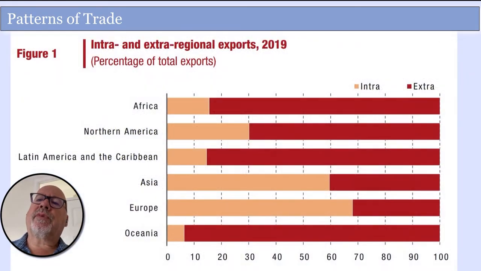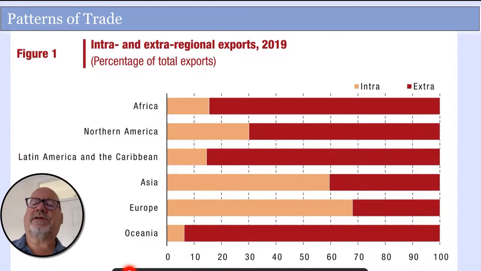So this is a really good chart to start to consider, and we'll look at this in a bit more detail later, where we have what we call the intra and the extra regional trade. Intra-regional trade is simply the trade between and within a geographical boundary, so maybe in Africa, between all the African countries.